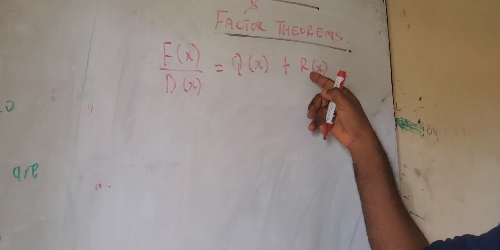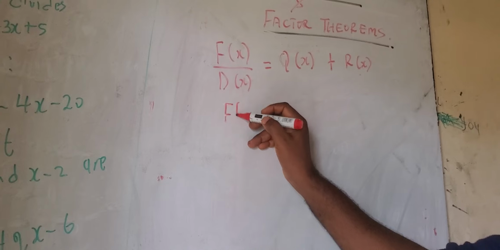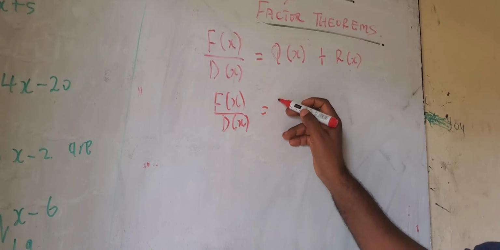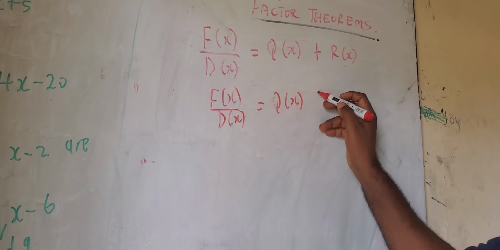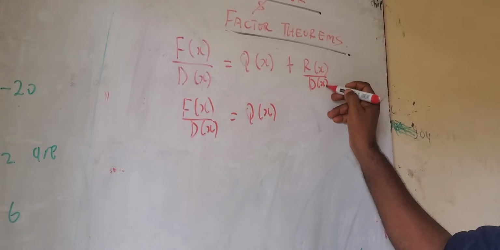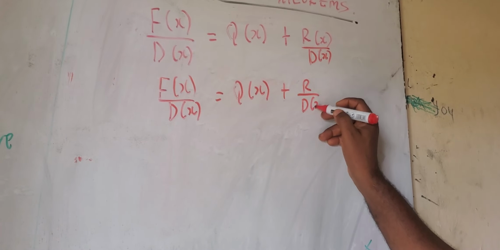Let's say this particular remainder function is constant. Then I can rewrite f of x divided by d of x as q of x plus r divided by d of x.